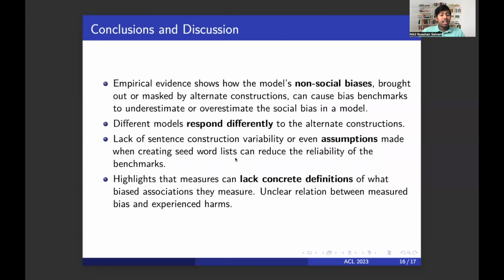To conclude, our empirical evidence shows how the model's non-social biases, which in our experiments are brought out or masked by alternate constructions, can cause bias benchmarks to underestimate or overestimate the social bias in a model. Now, this highlights that these bias measures can lack concrete definitions of what bias associations they actually measure, and consequently, the relation between measured bias and experienced harms becomes very unclear.